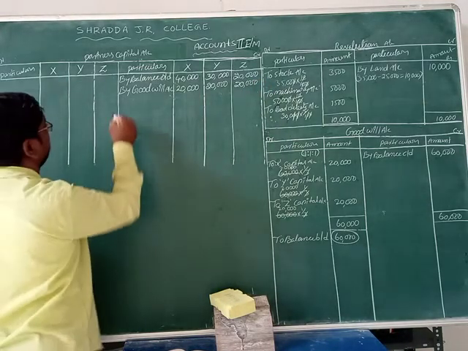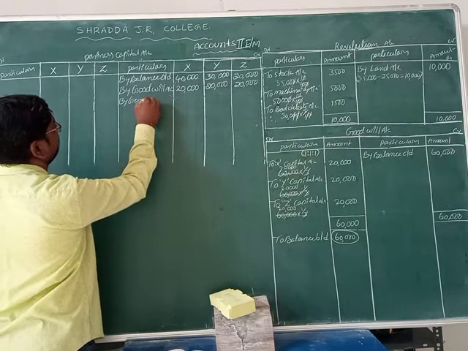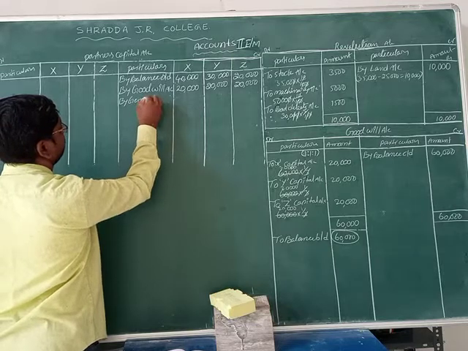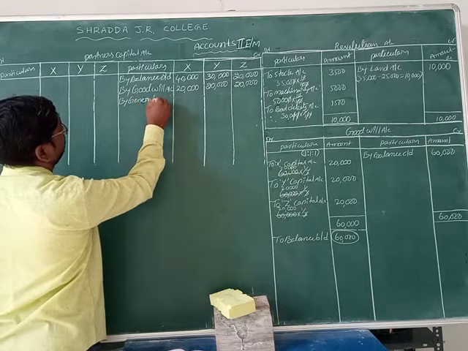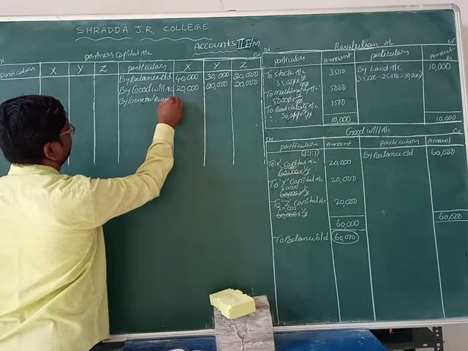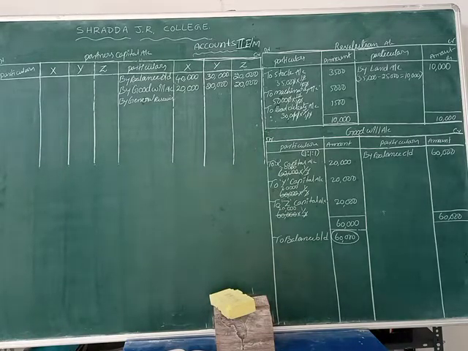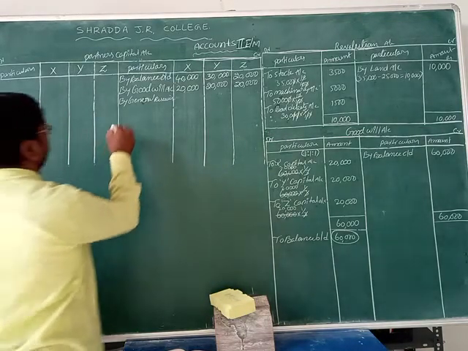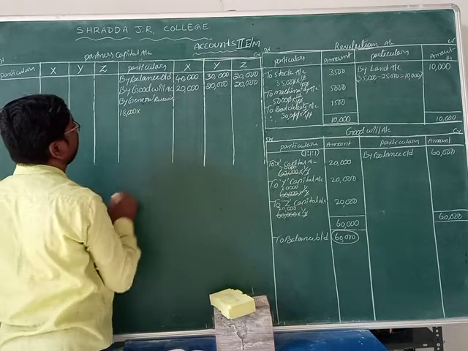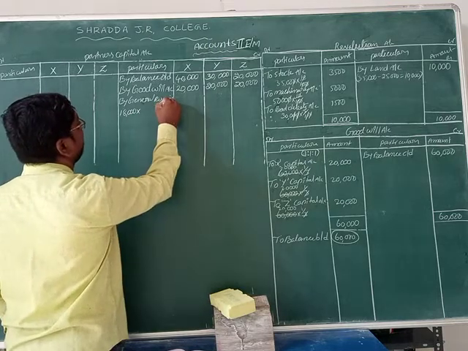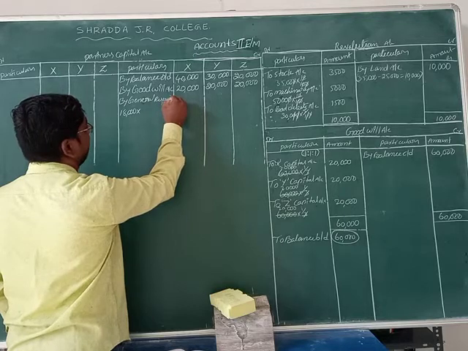Okay. Now next, the general reserves. So what is the general reserves value, students? Here 18,000 rupees is there. Then we can write here 18,000 rupees, and we distribute it in the equal ratio. Equal means 1:1:1.